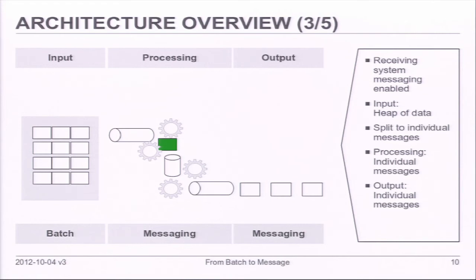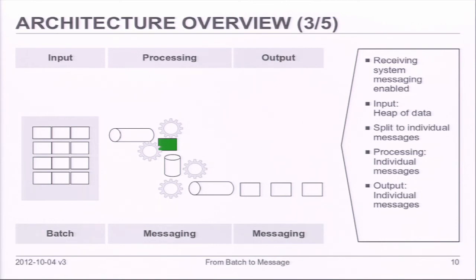Usually you will find this kind of architecture when you depend on external input. So maybe you have a contractor or a supplier that will deliver you once per day a big file with orders or with status on your purchases or whatever.